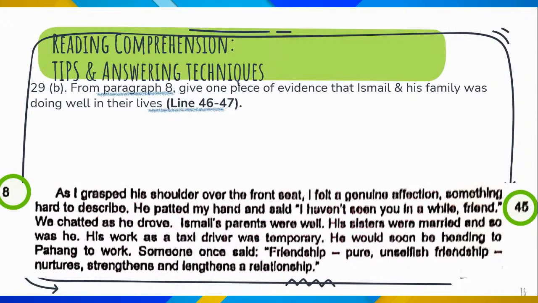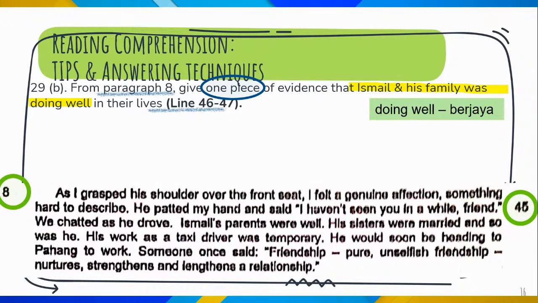So that's 45, so the 46 and 47 are the lines under it. So in this case, doing well. One piece, satu bukti di mana hidup Ismail dan keluarganya adalah sangat bahagia atau berjaya. So doing well means berjaya.